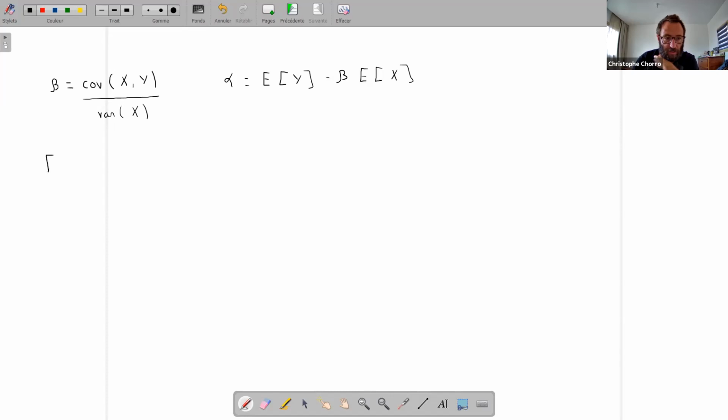And at the end, my optimal linear predictor here is equal to what?